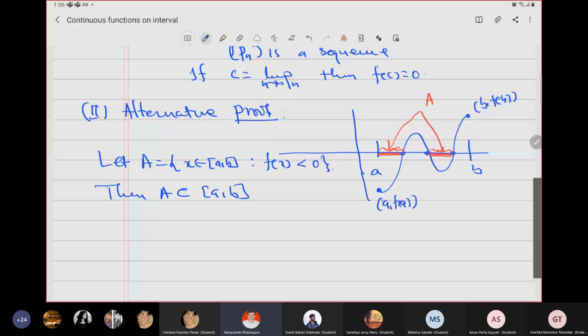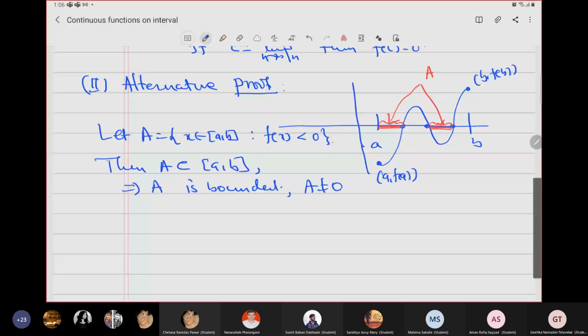Now, what is the guarantee that A is non-empty? Why is this set non-empty?